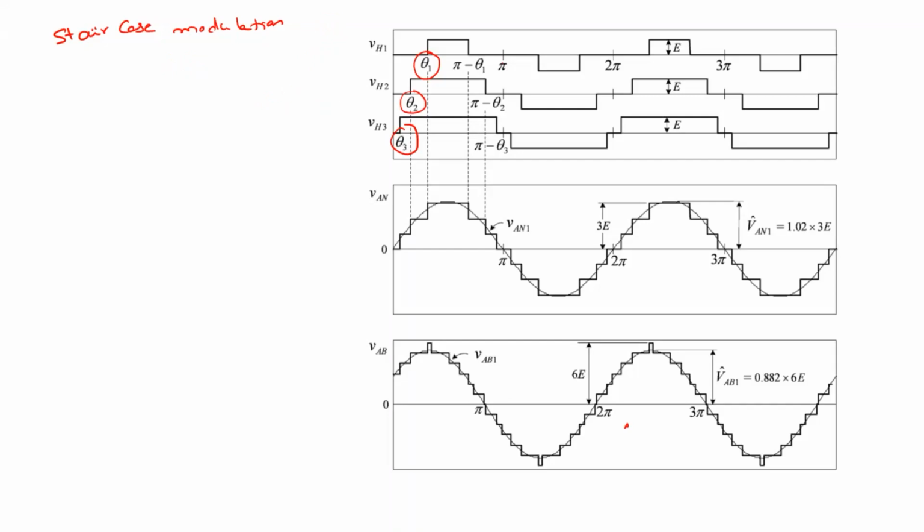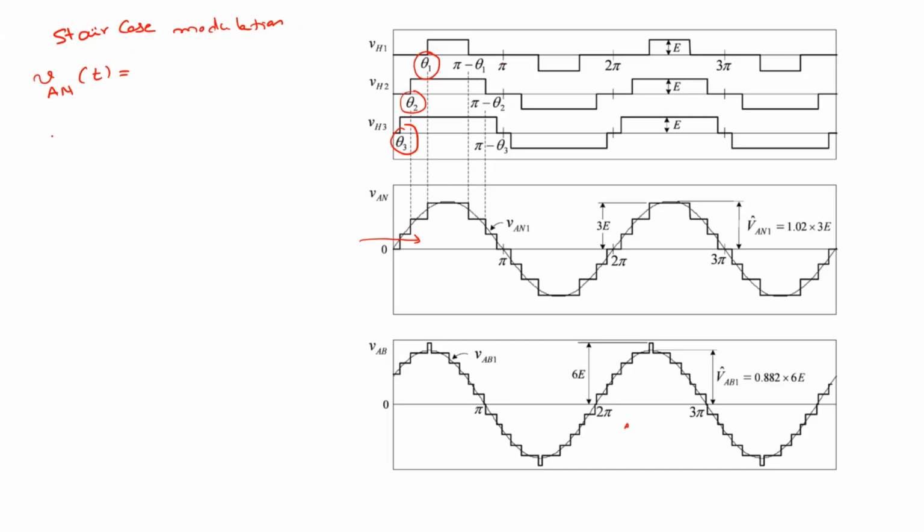For example, if you have 4 H-bridges or 5 H-bridges, you have theta 4, theta 5, and so on. So this is the combined output VAN of t. Similar to selective harmonic elimination, this can be decomposed into its Fourier components, and it can be written like this.